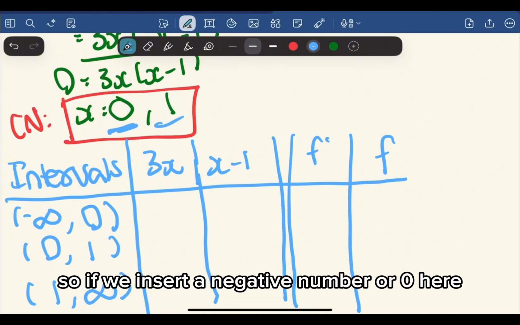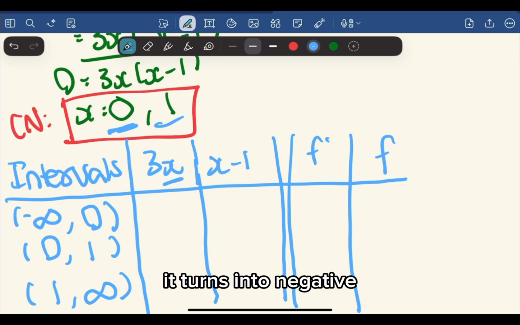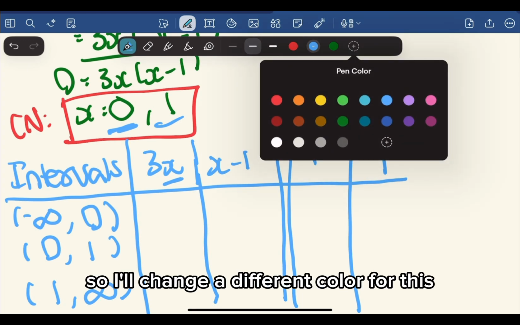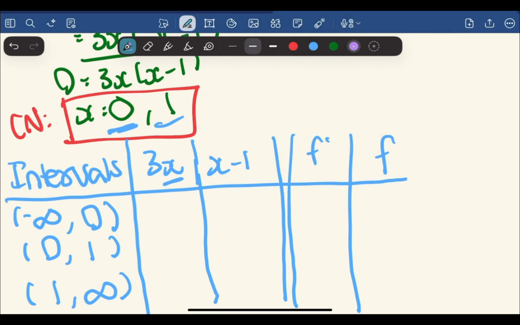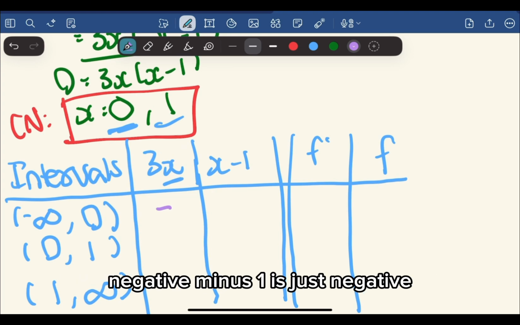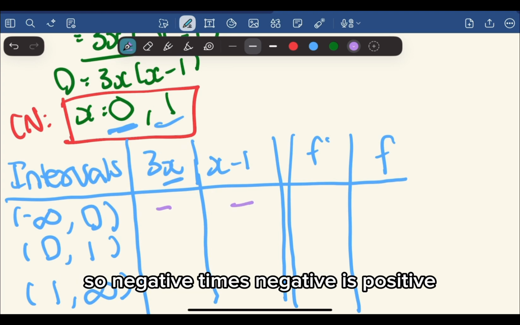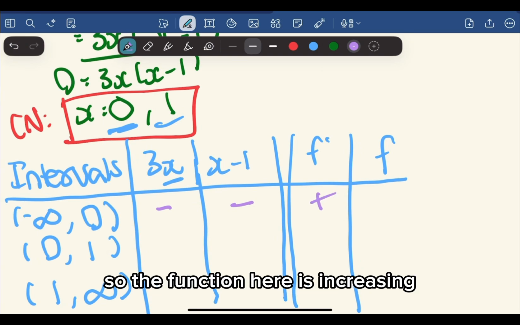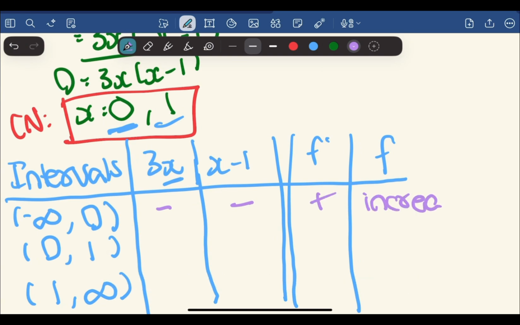If we insert a negative number here, 3x turns into negative. I'll change to a different color for this. Negative. And if you do the same thing here, negative minus 1 is just negative. So negative times negative is positive, so the function here is increasing.